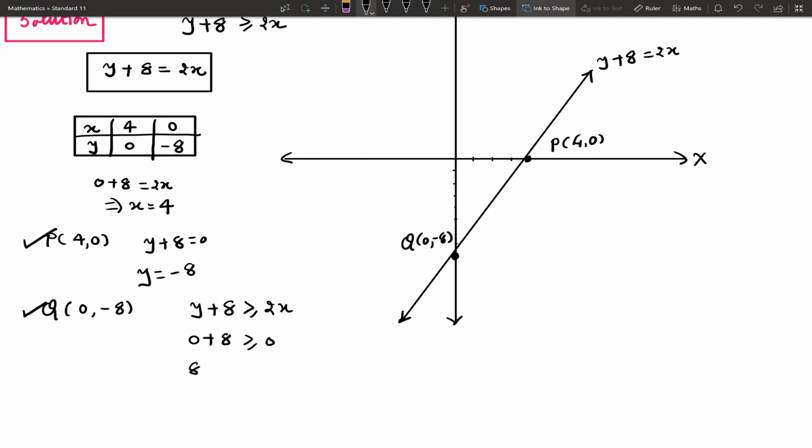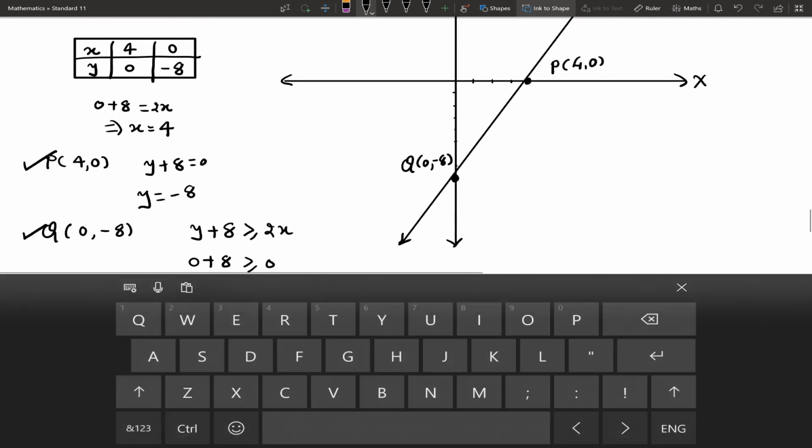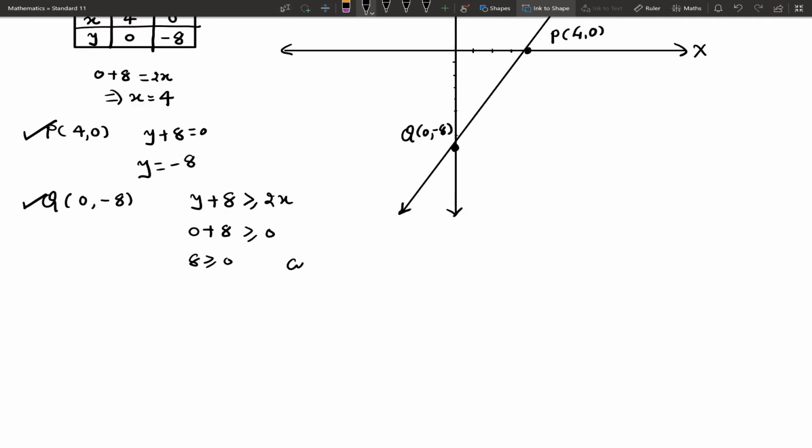So 8 greater than or equal to 0, which is true. So the coordinates of the origin 0 comma 0 satisfy the inequality, hence the closed half plane of the line containing the origin, containing the point 0 comma 0, is the solution set.